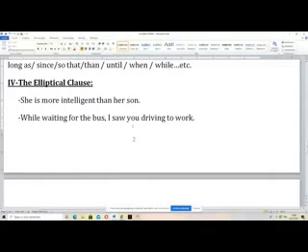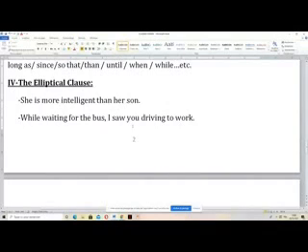So as I said, while waiting for the bus is the elliptical clause. Why do we call it an elliptical clause? Because it is incomplete, but it's still meaningful, because some elements of the sentence are missing. Normally the clause is while I was waiting for the bus.